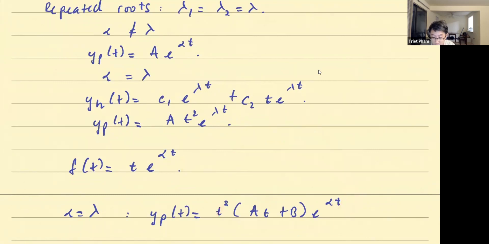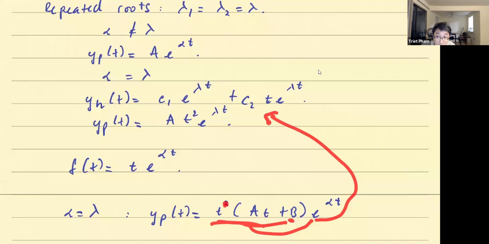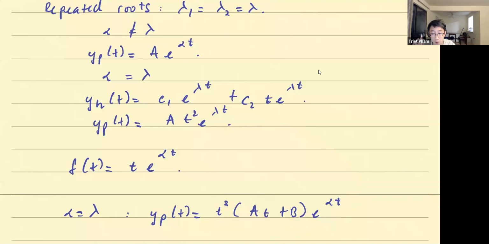Then I guess you try t, and then this part gets out. But the b part still coincides with this. So you need everything in your particular guess to not coincide with the homogeneous solution, because anything that's part of the homogeneous solution will disappear. So it won't contribute to your guess. So t squared is the right one to work with.